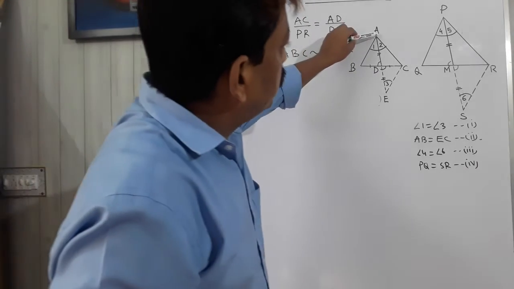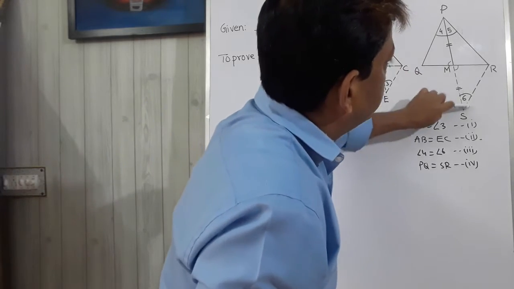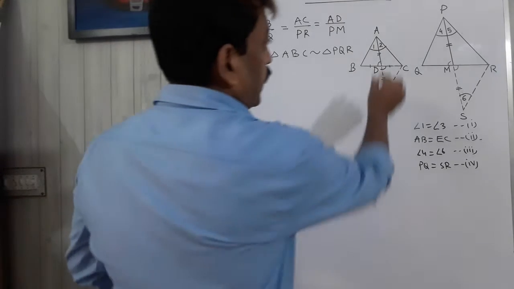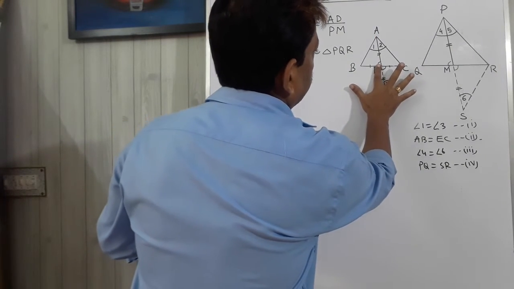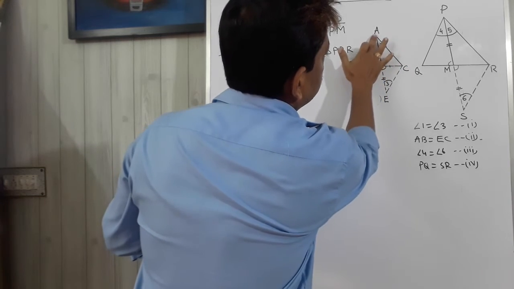we have to prove triangle AEC and triangle PSR, they are similar. We have to prove that. Triangle AEC. Okay, let me erase this for a while.